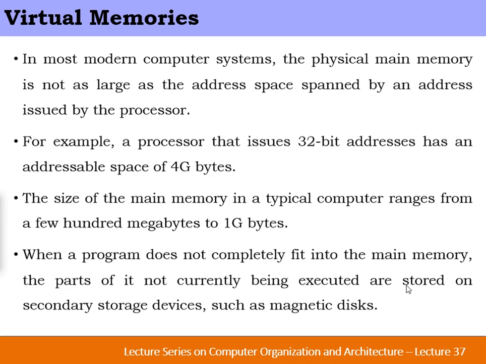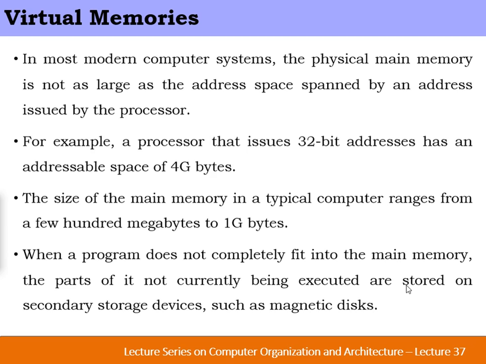For example, the size of the main memory for a typical computer may range from a few hundred megabytes to 1 gigabyte, but the processor is capable of addressing up to 4 gigabytes. Hence we have a mismatch in the size.